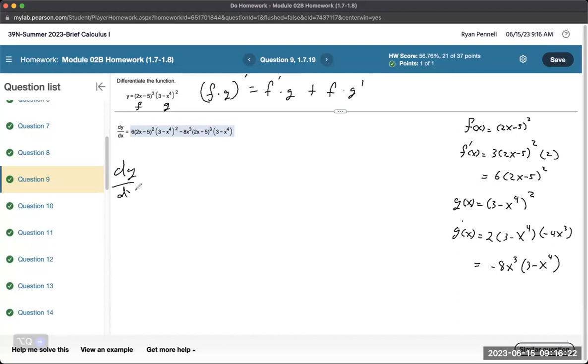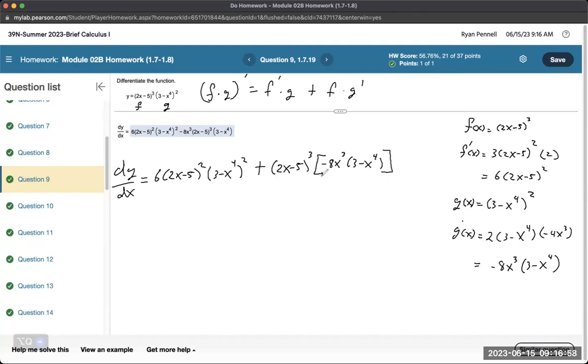So dy dx equals f prime, which we found to be 6, 2x minus 5 squared times the original g, 3 minus x to the fourth squared, plus f, the original f, 2x minus 5 cubed, times g prime, which is negative 8, x to the third, 3 minus x to the fourth.